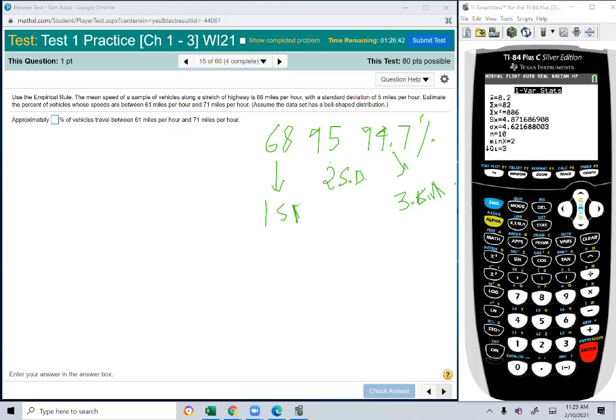If you add 5 to 66, what do you get? You get 71, right? And if you subtract 5 from 66, what do you get? 61. So how many standard deviations did you add and subtract? 1. If it is 1 standard deviation, the percent will be 68%. So your answer will be 68%.